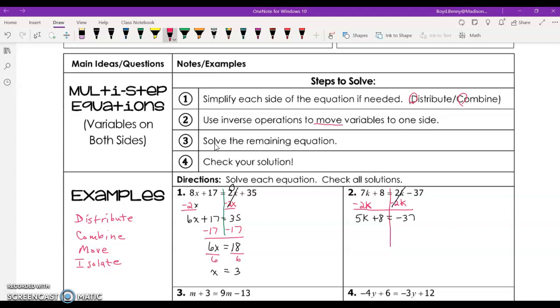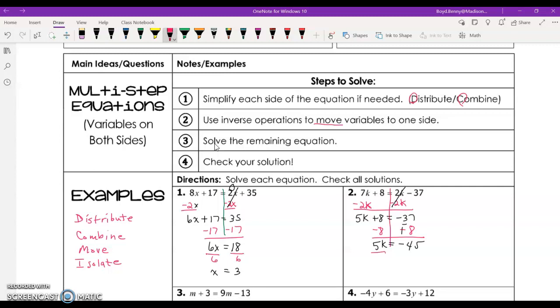All right, next I'll isolate the variable. I'm going to subtract 8 from both sides. That's going to leave me with a 5k. Negative 37 minus 8, that's going to give me a negative 45. Those signs are the same, so I'm actually going to add those two negative numbers together and get a bigger negative number.